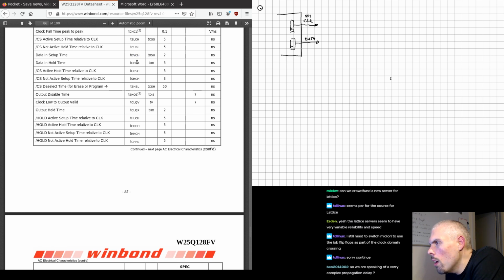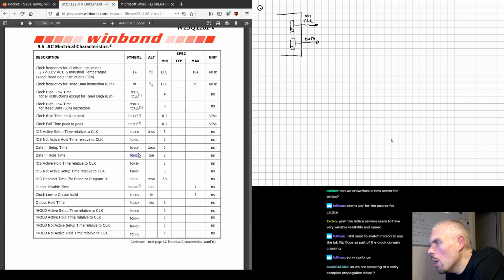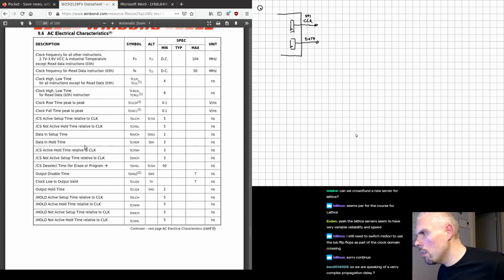So these are the two values, which I don't know why they named it that way, because hold time and setup time are much more common names. So you have a setup time and a hold time, just normal stuff, right? And they are a hold time of 3 nanoseconds and a setup time of 2 nanoseconds. So that means that if we have our SPI clock rising like this, that's the data bit that we're trying to send to the flash.